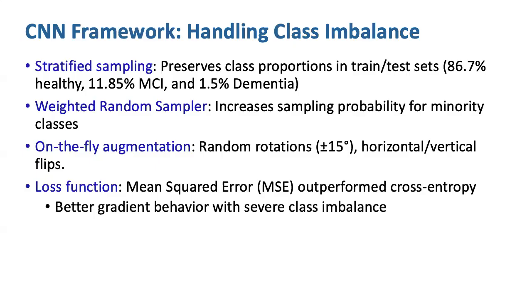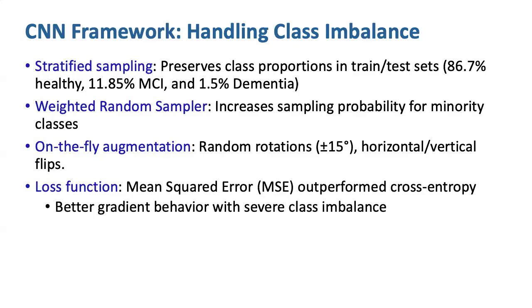And we use a weighted random sampler to increase the probability of selecting minority classes when we train our CNN.